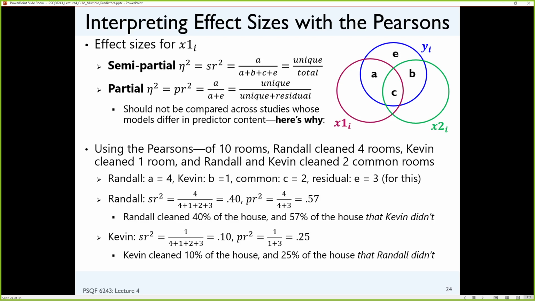I have someone else who's looking at that same problem, but now they're controlling for number of siblings and socioeconomic status and whether the parents work full-time and a whole bunch of other things. The same effect of screen time with respect to semi-partial eta squared would become very different effects of screen time for partial eta squared. Because that didn't already get predicted part shrinks, and it looks like you have a bigger effect.